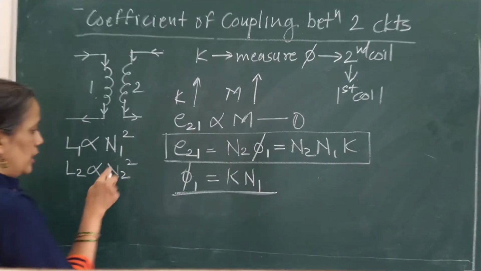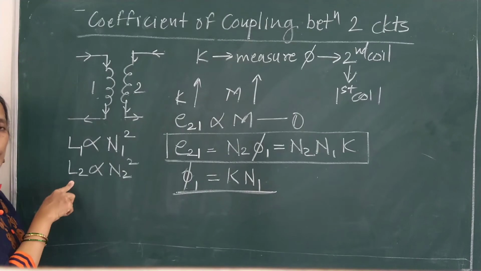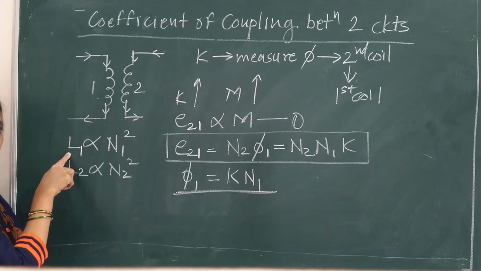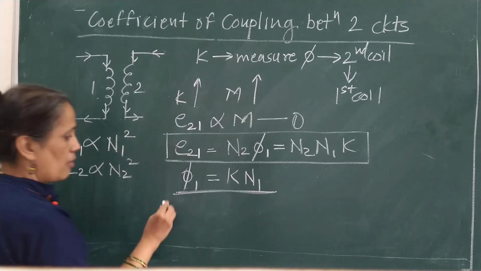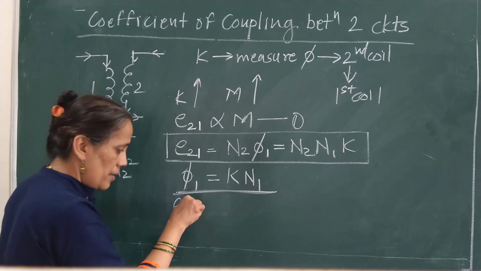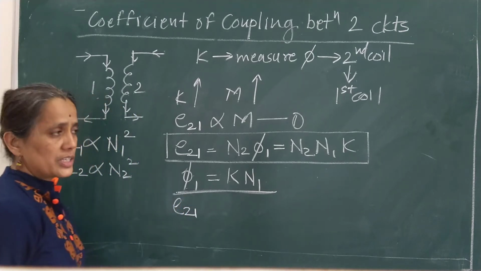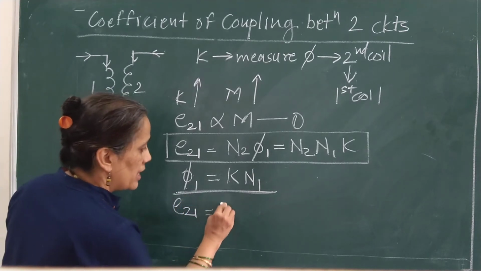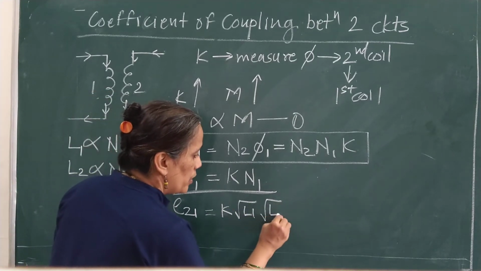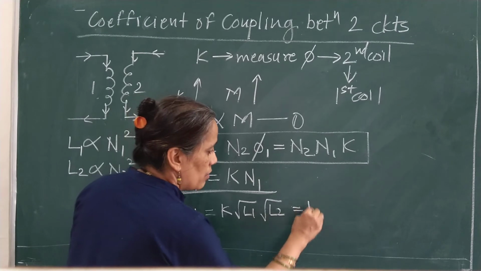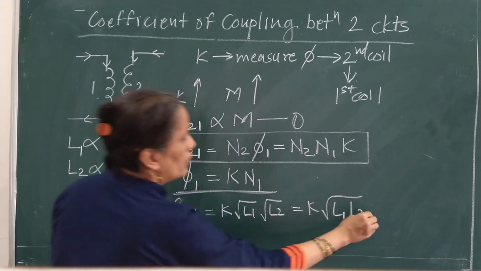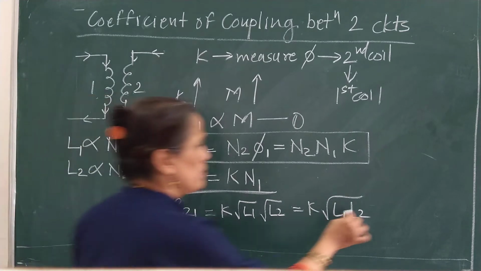So to write N2, I write the square root of L2, and to write N1, I write the square root of L1. Now the induced EMF across the secondary coil due to the change in magnetic flux in the first coil I write as K into root of L1 into root of L2, which is K into bracket root of L1 root of L2. This is my equation number 2.